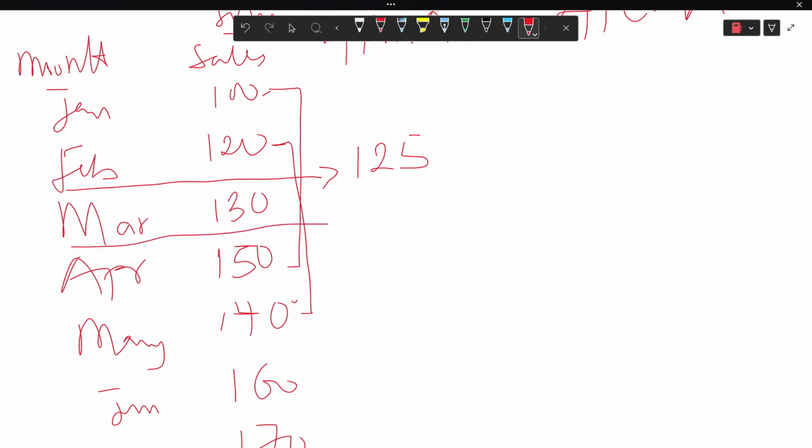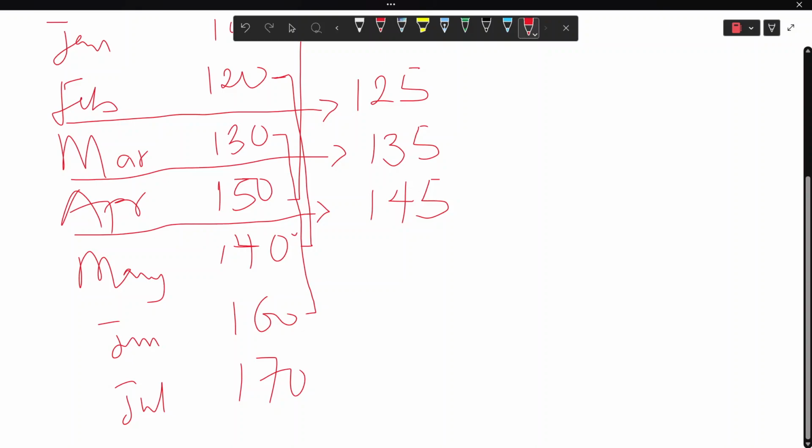Also between March and April, 135. The next one is from 130 to 160. So 130 plus 150 plus 140 plus 160, giving 145.